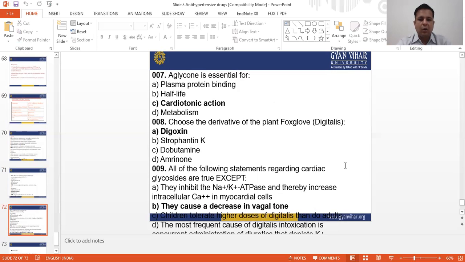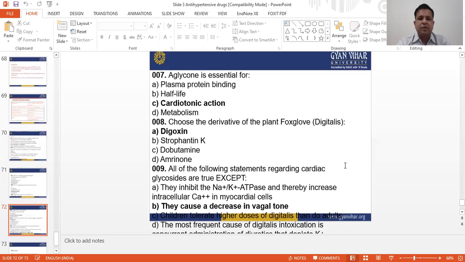Next, all of the following statements regarding cardiac glycosides are true except: A, they inhibit the sodium potassium ATPase and thereby increase intracellular calcium in myocardial cells. B, they cause a decrease in vagal tone.